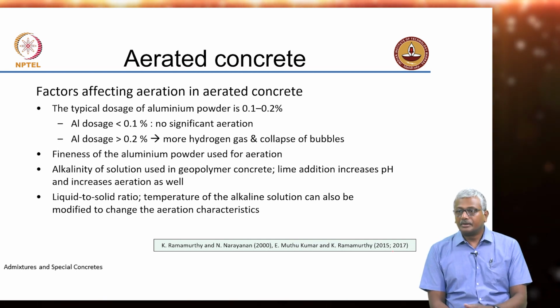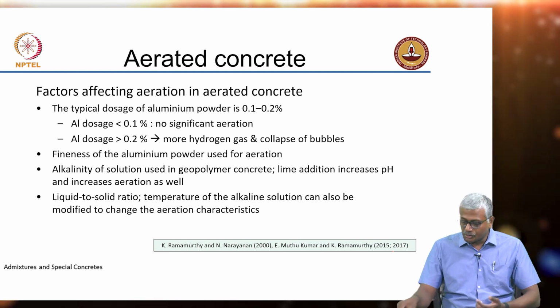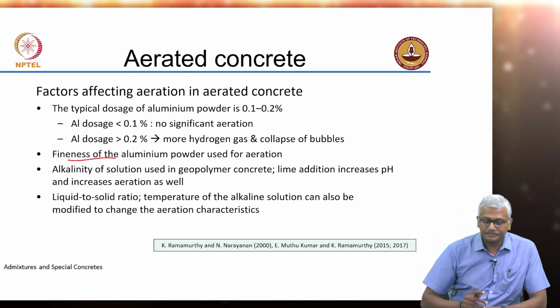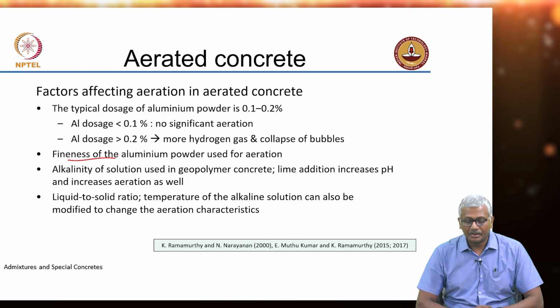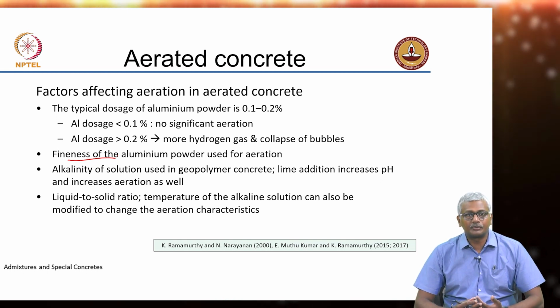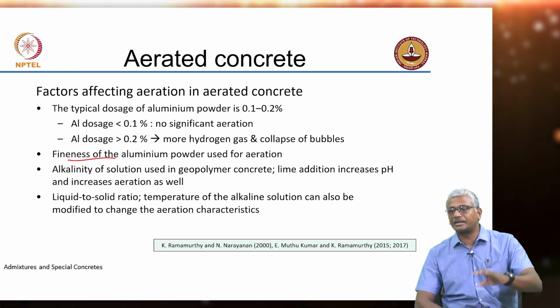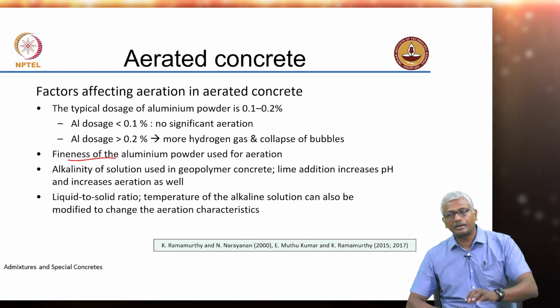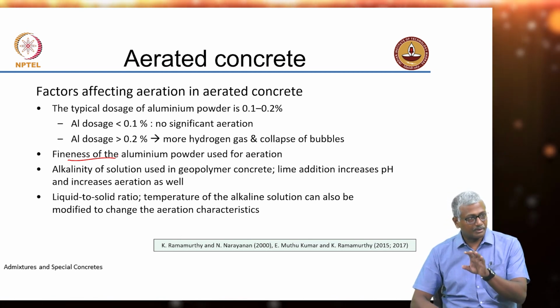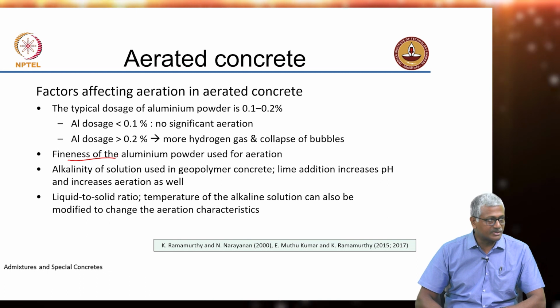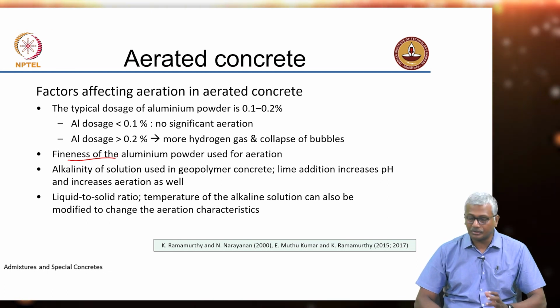Okay. The air generation will also depend on fineness of the aluminum powder that you use, okay, and the alkalinity of the solution. Higher alkaline solutions, just like in the case of foam concrete, a higher alkalinity also helps in stabilizing the air void system in this aerated concrete also.